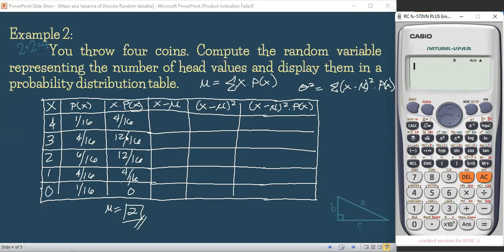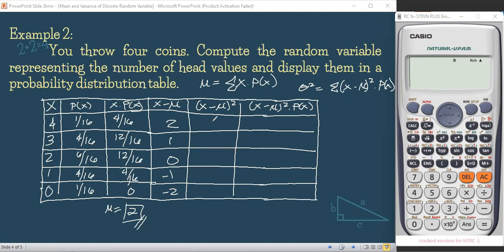Our random variable minus the mean. So 4 minus 2, that is 2. 3 minus 2, that is 1. So 2 minus 2, that is 0. 1 minus 2, that is negative 1. And 0 minus 2, that is negative 2.